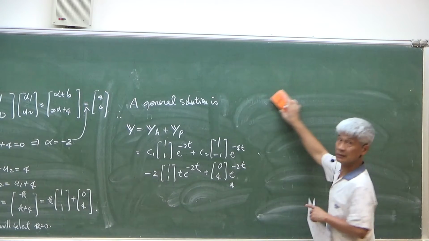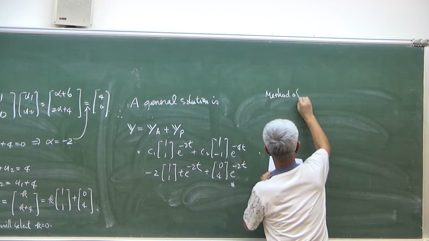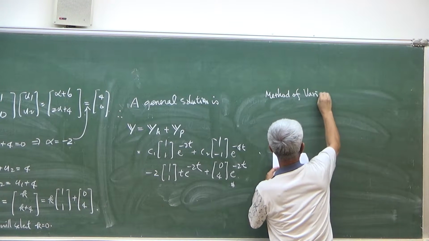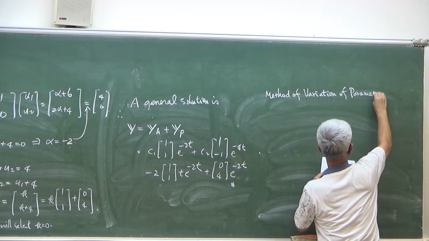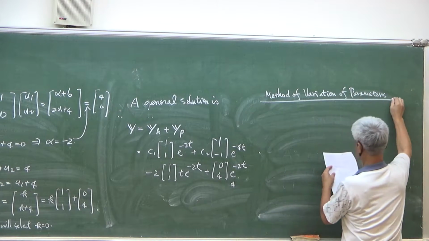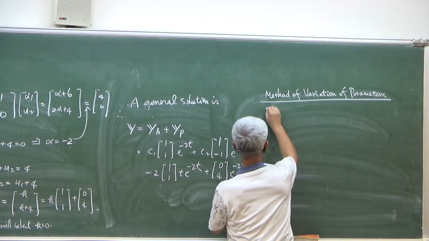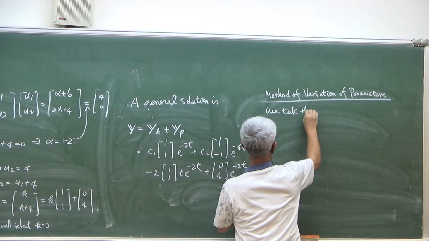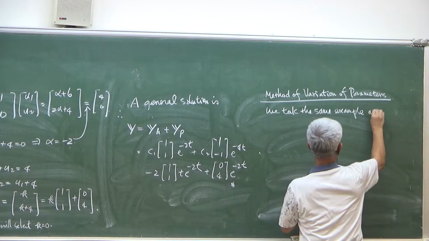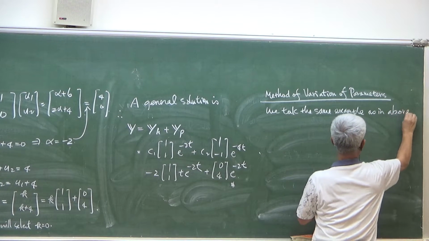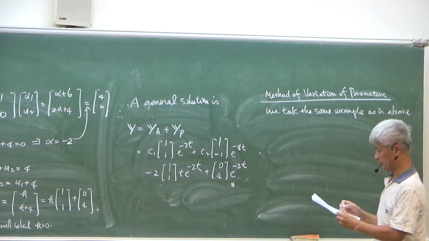All right, so the next one is the method of variation of parameters. Okay, so we take the same example as above, but now we use the method of variation of parameters.